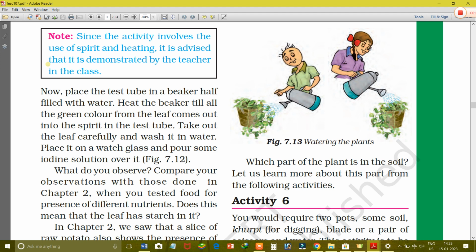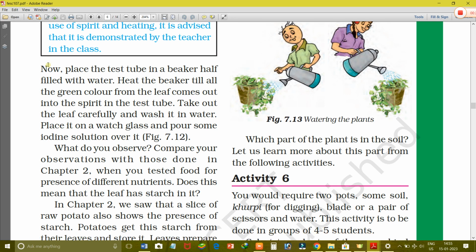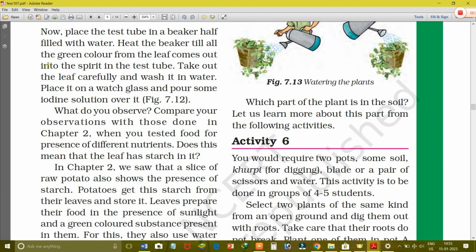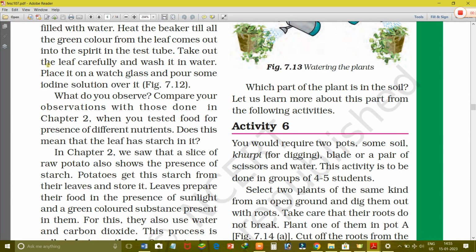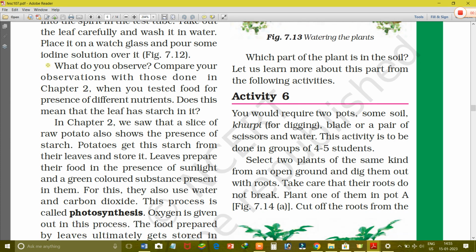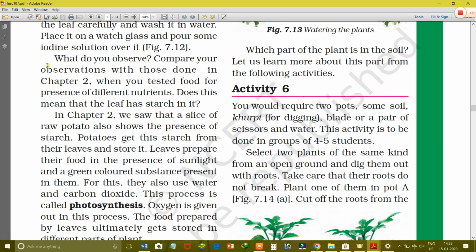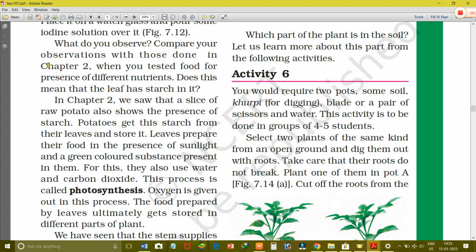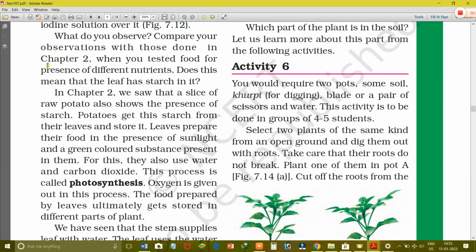Does this mean that the leaf has starch in it? In chapter 2 we saw that a slice of raw potato also shows the presence of starch. Potatoes get this starch from their leaves and store it. Leaves prepare their food in presence of sunlight and a green coloured substance present in them.